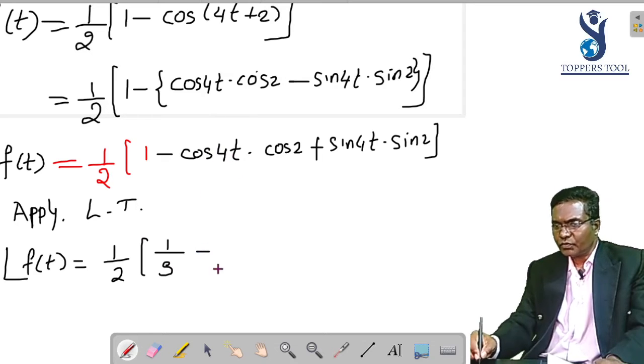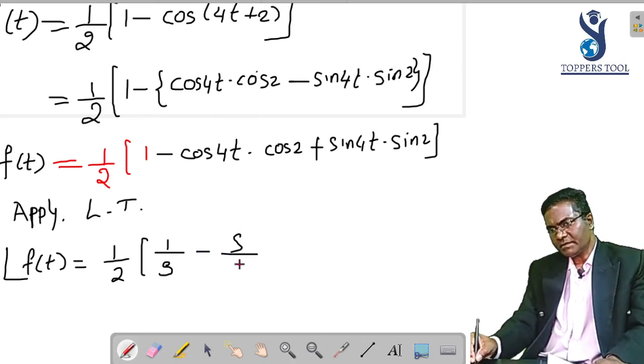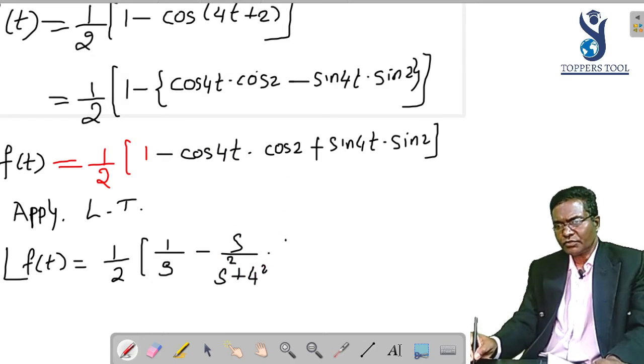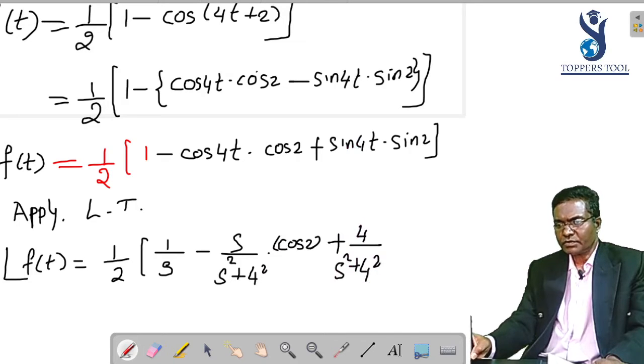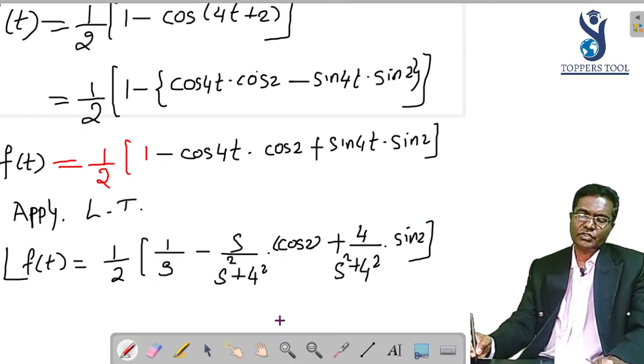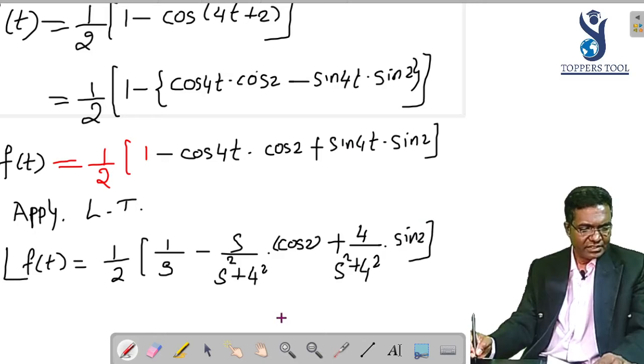Laplace of cos 4t is s by s square plus a square, a square is 4 here, that is 4 square, into this cos 2 which is constant. Similarly, Laplace of sine is a by s square plus a square, that is a is 4, s square plus 4 square, into sin 2 as it is. So this is your required result.